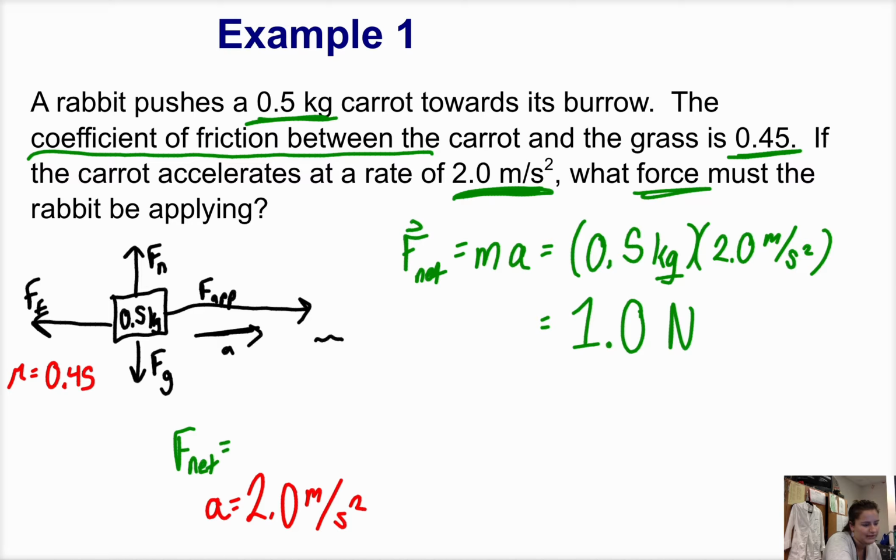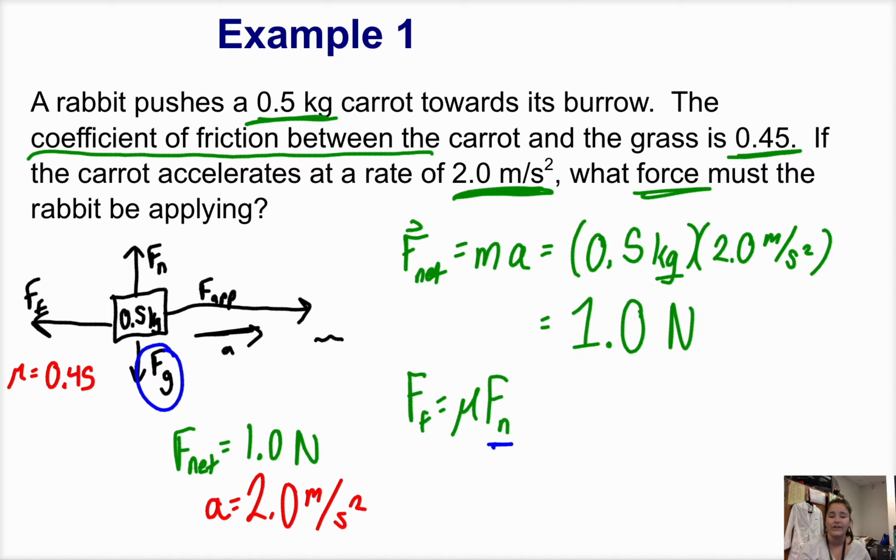That means that's the amount of my unbalanced force. Now I know my coefficient of friction, but I don't know my force of friction. However, I do know that the force of friction equals mu times the normal force. This is an equation you'll typically be given on an equation sheet. But guess what? I don't know the normal force right now, but I can find it. Because I know the object's mass, I can find the force of gravity, or the weight of that object.